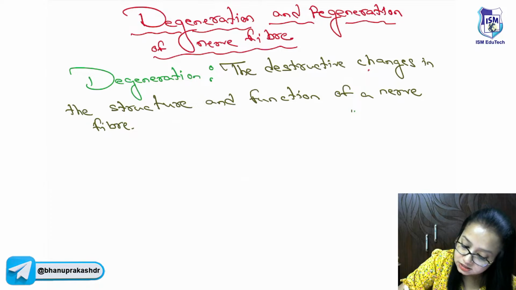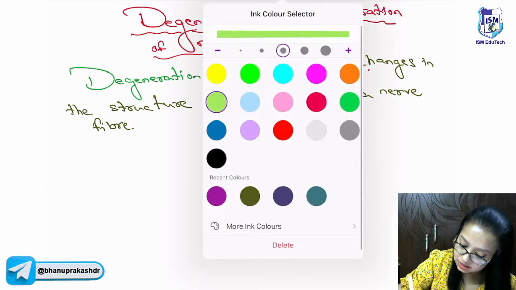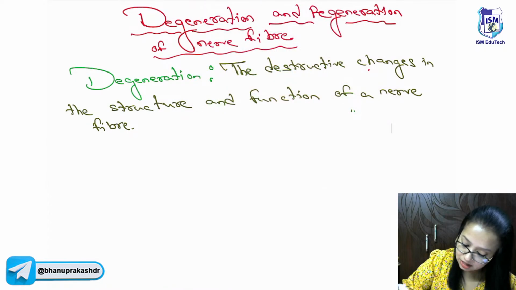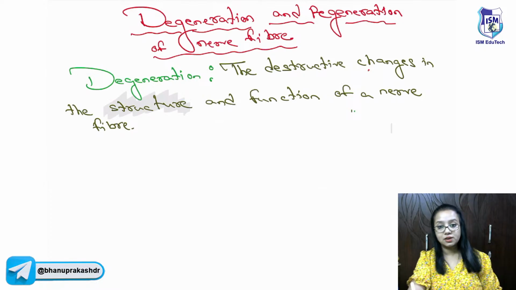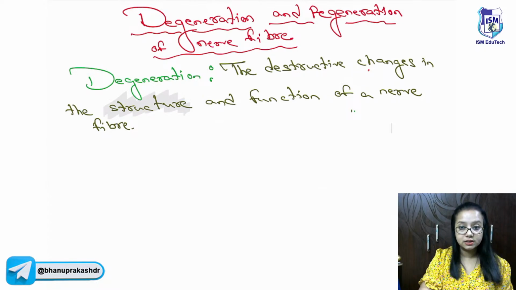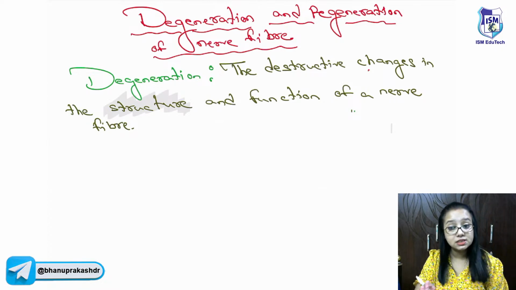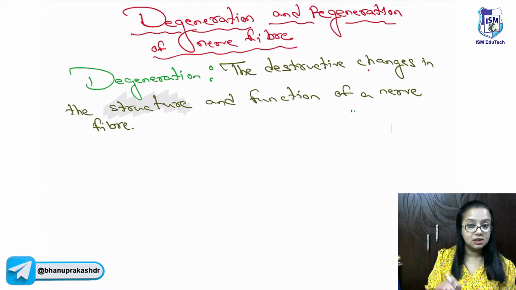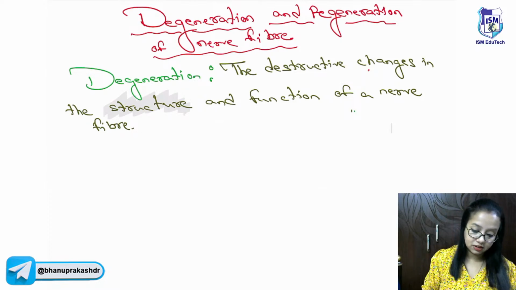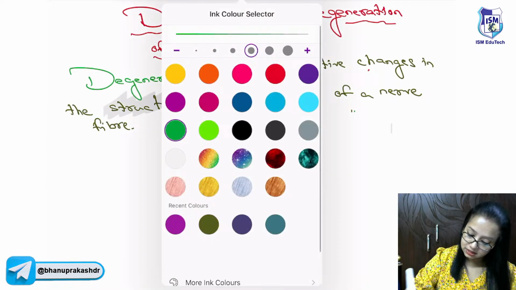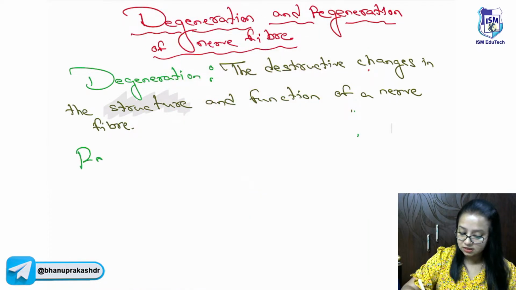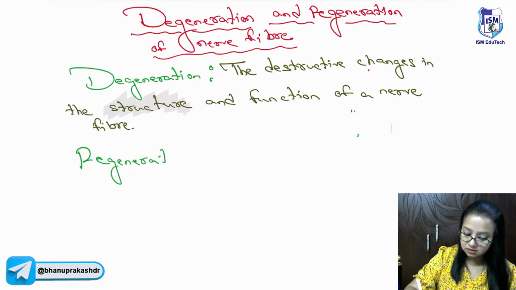Now, in context to this degeneration, let us remember one thing. The degenerative changes are mainly in the structure. When the structure of a nerve fiber is destroyed, its orientation is hampered, obviously it will affect the function. But degenerative changes first means the structure, and eventually that will affect the function of a nerve fiber. So this is the degenerative changes. So what is regeneration?